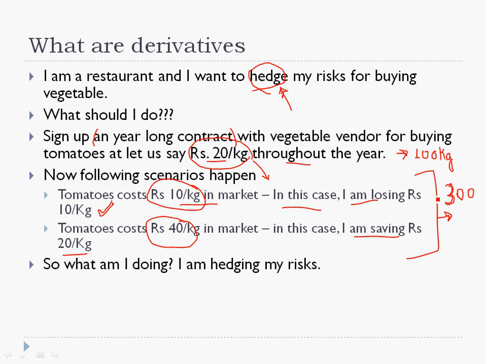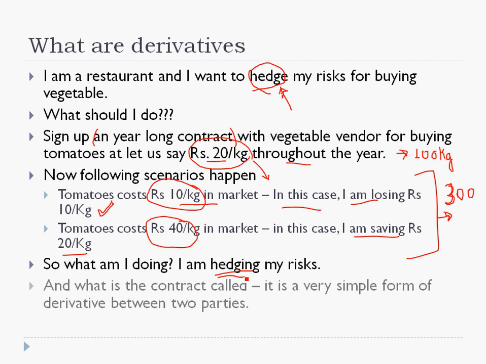But I know that input fluctuates a lot. Vegetables fluctuate a lot, and I want to hedge that risk, so I enter a contract with a vegetable vendor. So what am I doing? I am hedging my risks. So keep track of this term, hedging my risks, right? And what is this contract? This is a simple form of derivative between two parties, right?